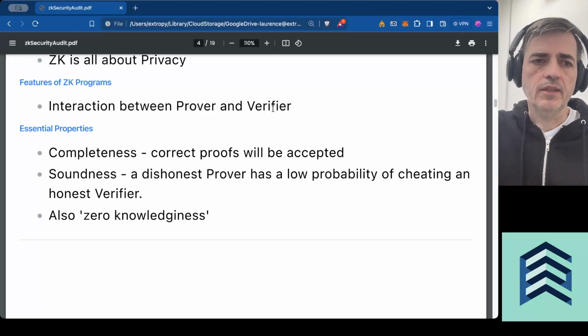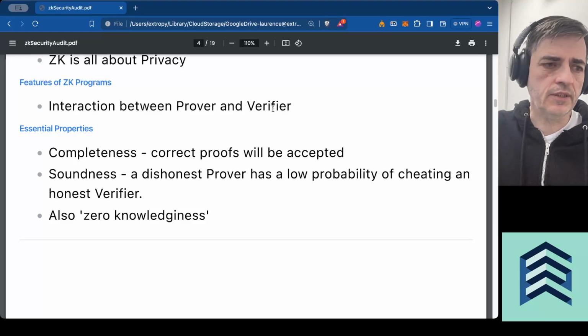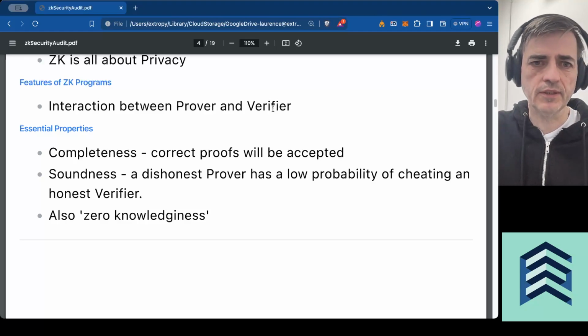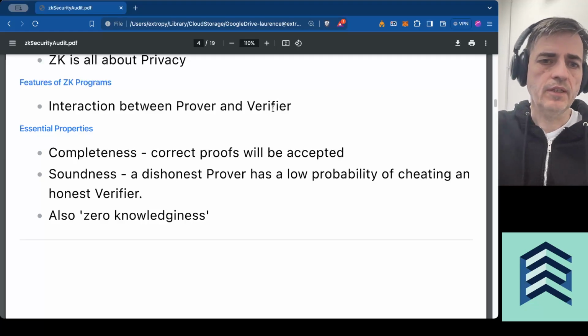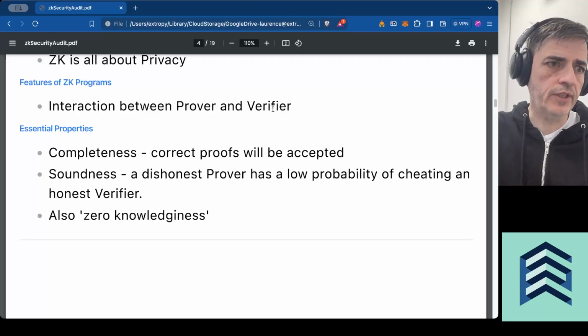So the prover is very confident that if they are honest and they're creating a correct proof, it will be accepted. The second point, soundness, is really the reverse side of this, and this is trying to make sure that cheating cannot occur in the system. So what we're saying is that a dishonest prover, if they create an incorrect proof, that is very unlikely to be accepted by an honest verifier.